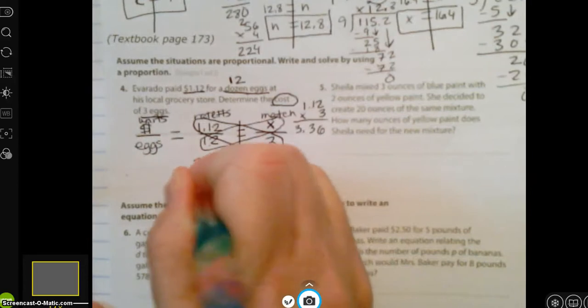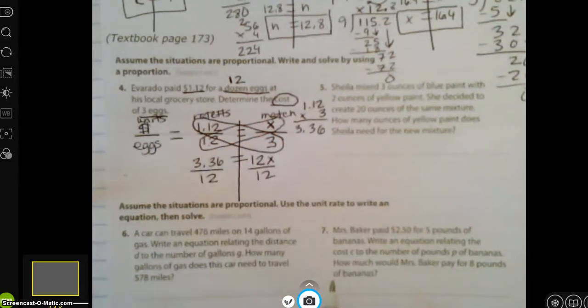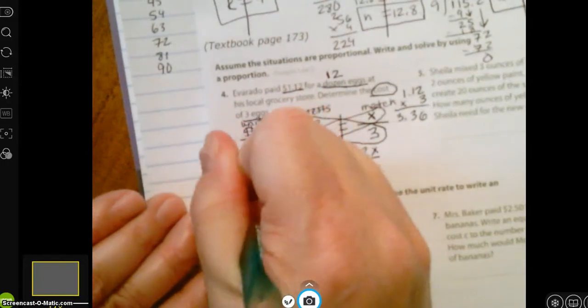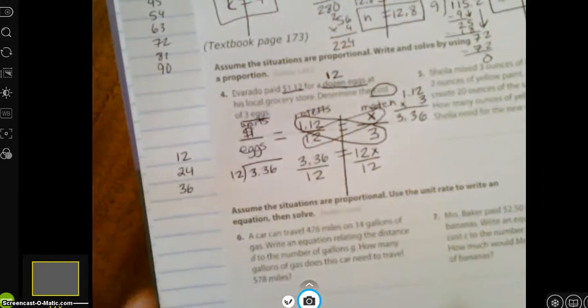Now, this is the kind of stuff I want to make sure you're showing carefully. So 3.36 divided by 12. I'm not giving myself a lot of room because I know this problem won't go too far. 12 plus 12 is 24 plus 12 is 36, so that's too big.